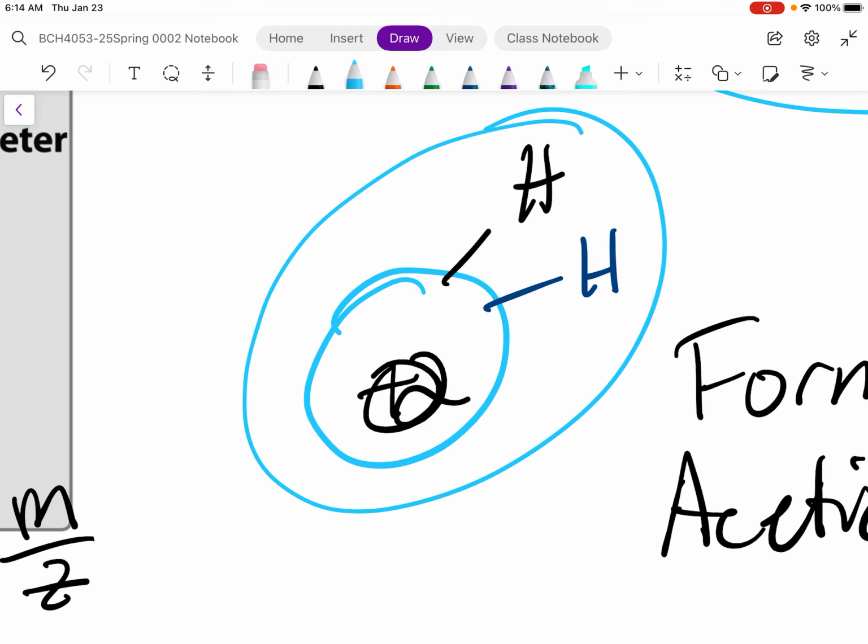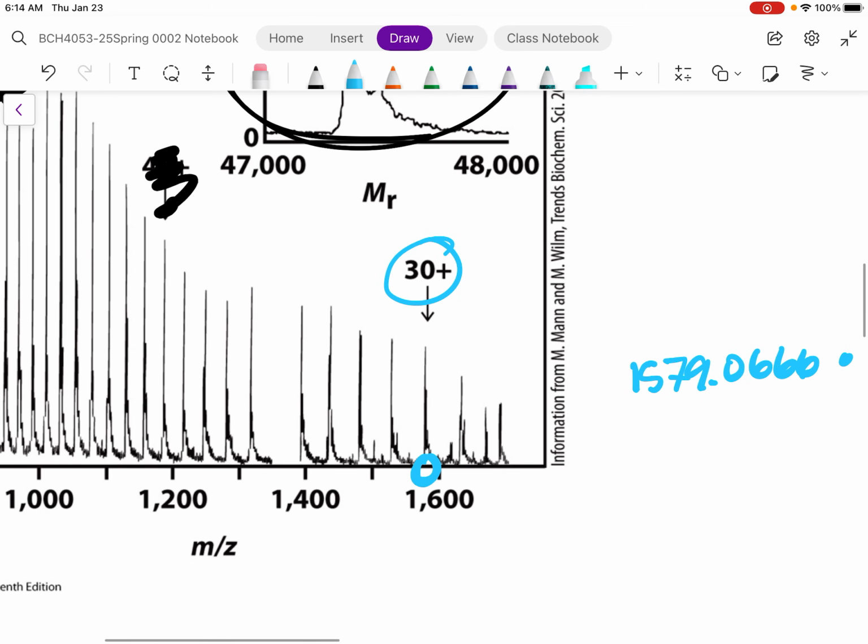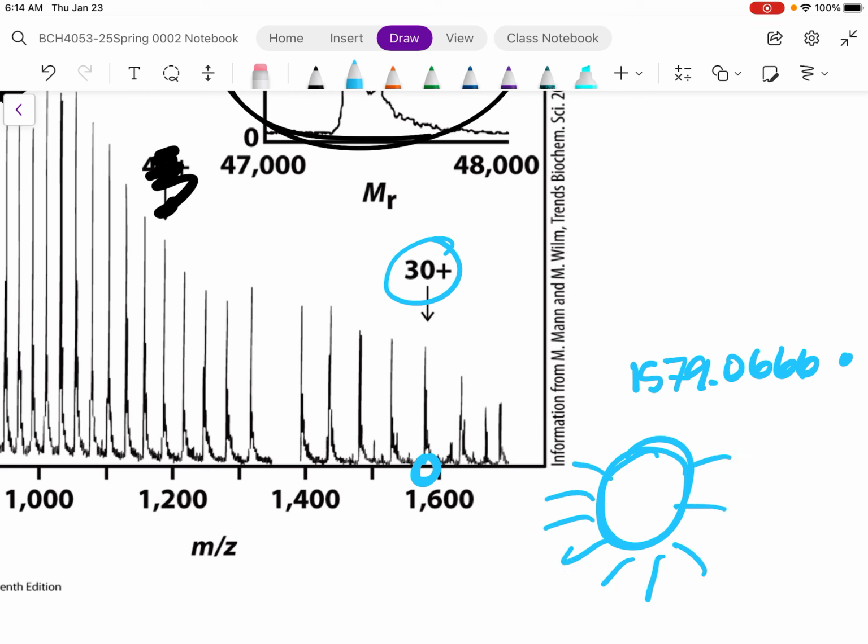So that m over z that you're seeing right here, it's not just a naked protein. It's a protein with 30 hydrogens that have been attached onto it. That's what that m over z is telling us. Because we know in this example that it's plus 30 charge, how many protons were added to the protein? 30.